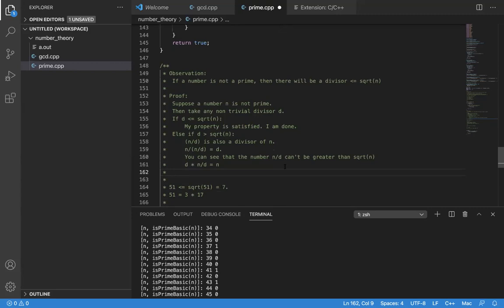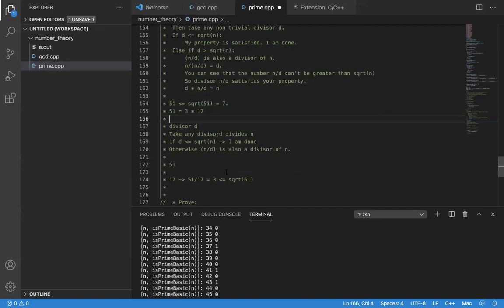So n by d cannot be greater than square root of n. So the divisor n by d satisfies your property. Fine. Is this clear?